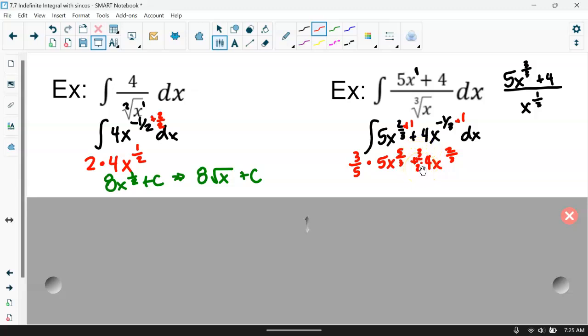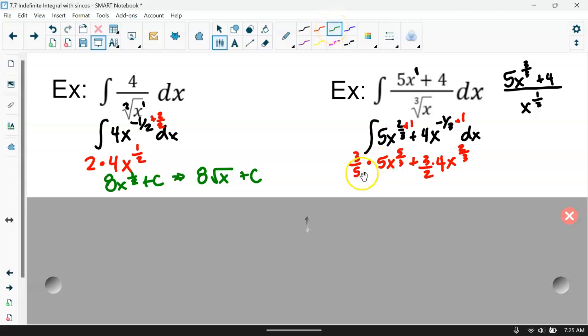Let me change this up so that I'm not squishing and leave a little bit more space. So plus, this was 4x to the 2/3, and then we multiply by the reciprocal, which is 3/2. So now notice, simplify.